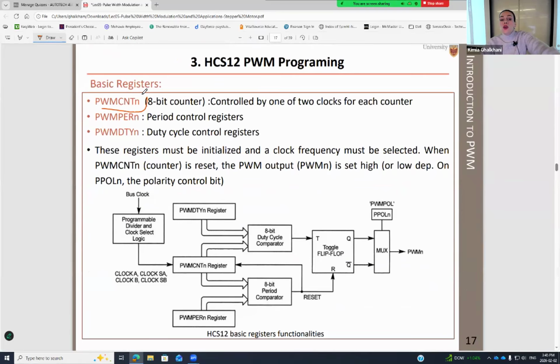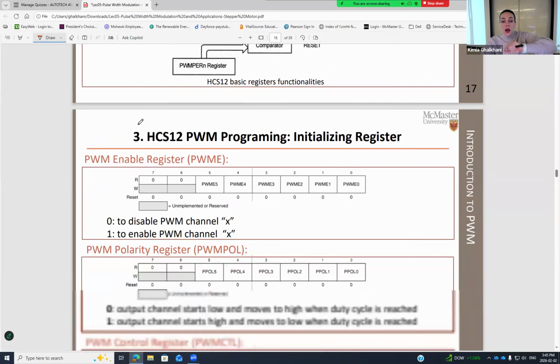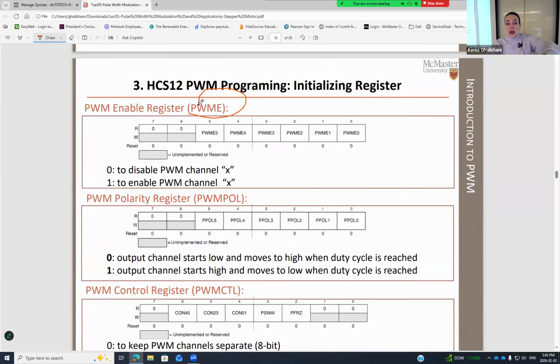So PWM is going to be an 8-bit counter for our microcontroller, and that's, again, another user guide. Tomorrow inside the lab, if you are going to enable the register, it's very similar to the same method. You have to look at the user manual and put 0 and 1 accordingly. If you want to enable it, put 1 in the enable. If you want to disable it, put 0.